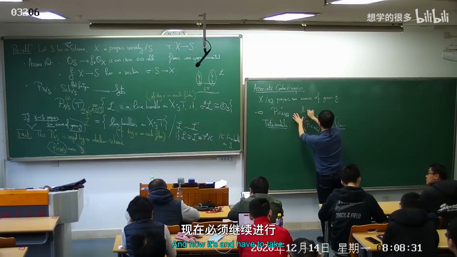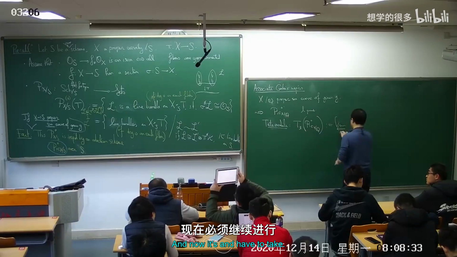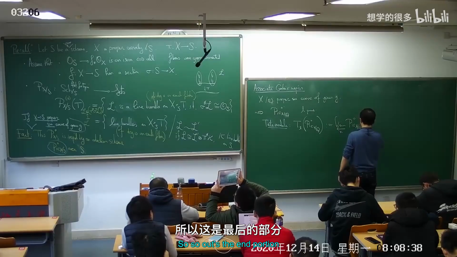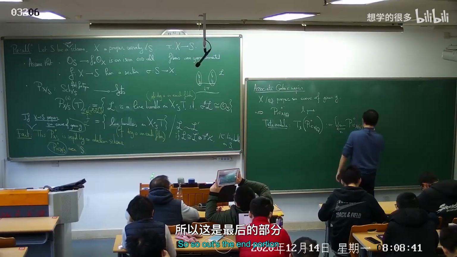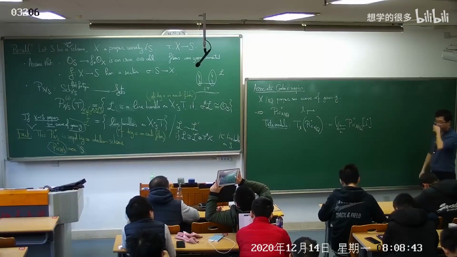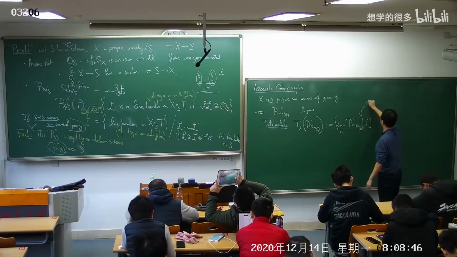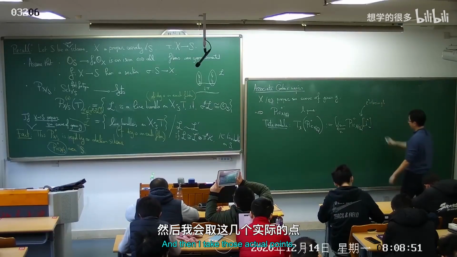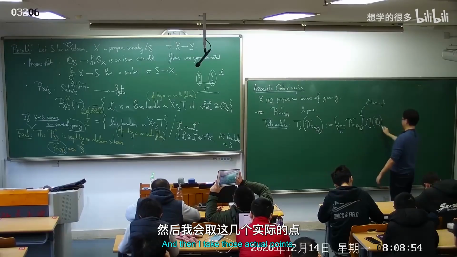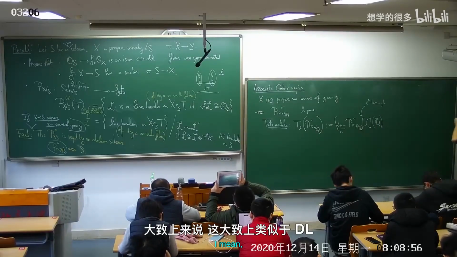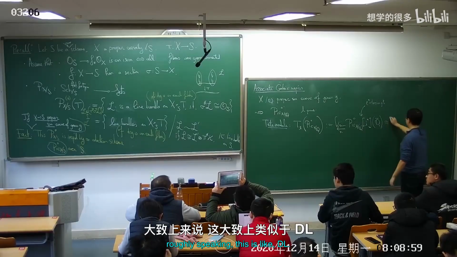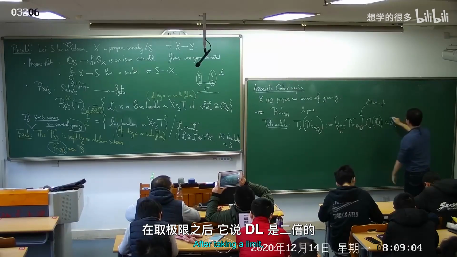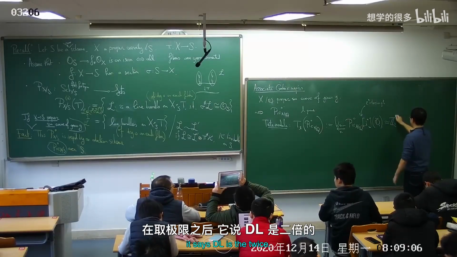Partial algebra. And I'll take L^n, the n-torsion points. And then I take the actual points. Roughly speaking, after taking the limit, this looks like Z_ℓ to the 2g.